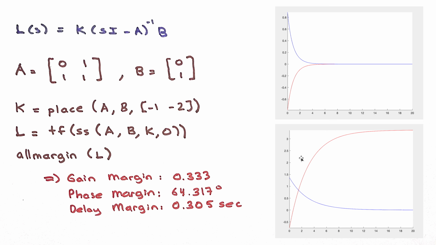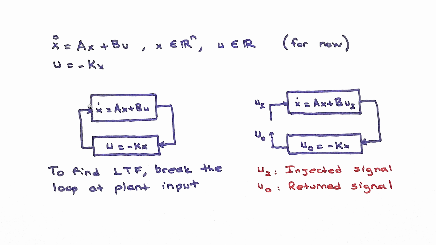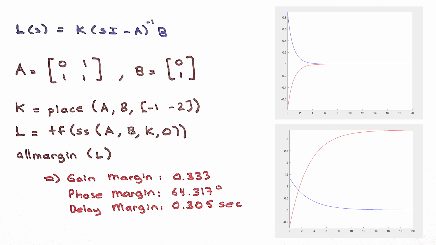Now, here, I multiplied the control gain by 0.333. What I mean by that is I just inserted a gain block here, which is 0.333.